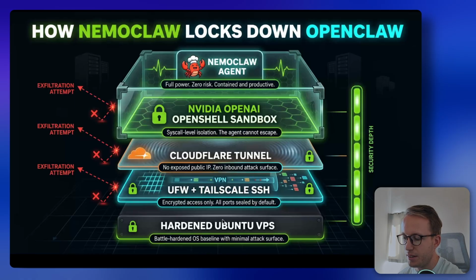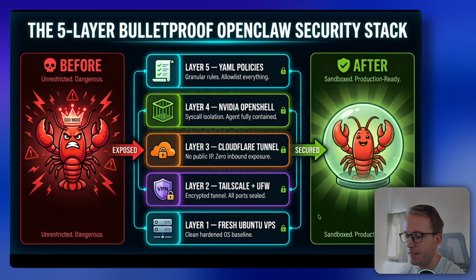And you see here these different layers, and we will go through all of these layers in a few minutes from bottom to top to harden the server first and the server access, and then installing the sandbox and then running NemoClaw inside of that sandbox and then configuring the policies. So here you can see again these 5 layers that I came up with.